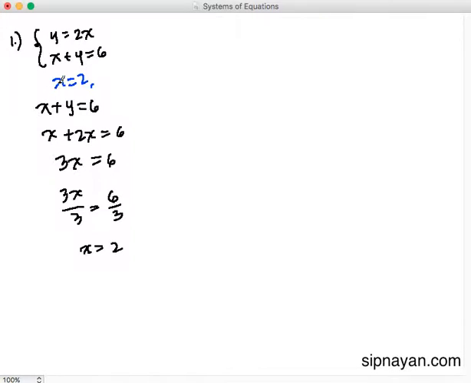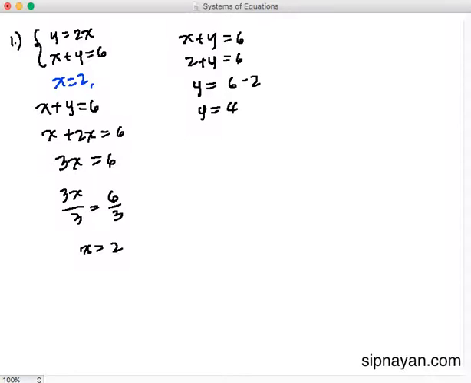Once you have x, you can substitute into either of these two equations because they share the same solution. For example, let's substitute it into the second equation. We have x plus y equals 6. We already have x, so 2 plus y equals 6, and then y equals 6 minus 2, and y equals 4.